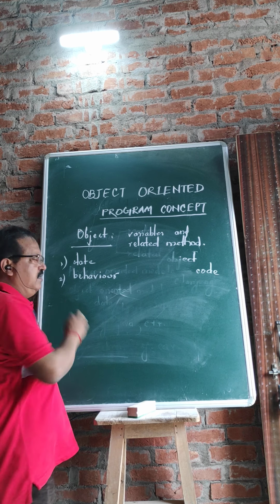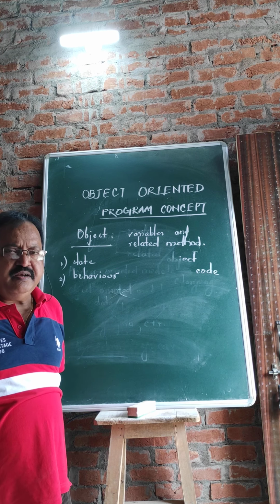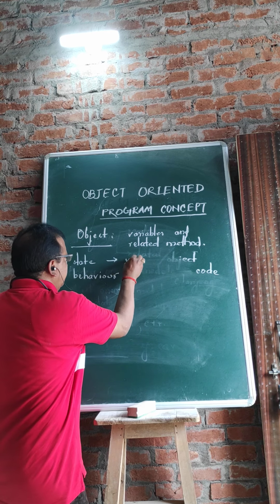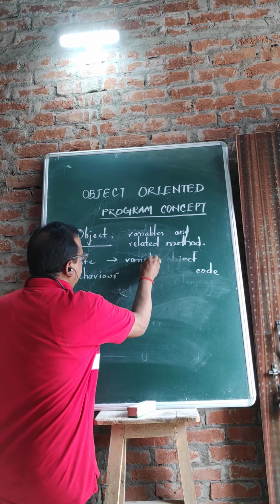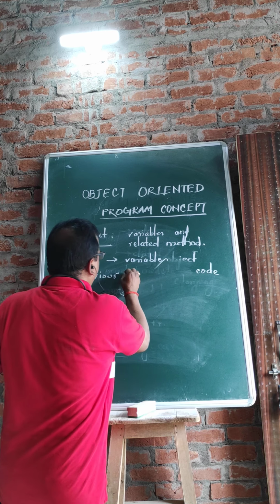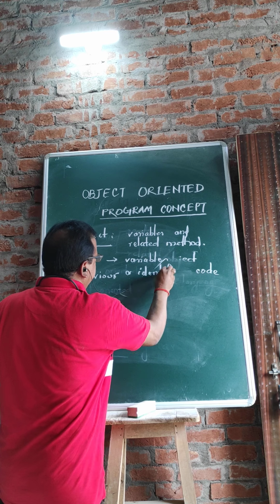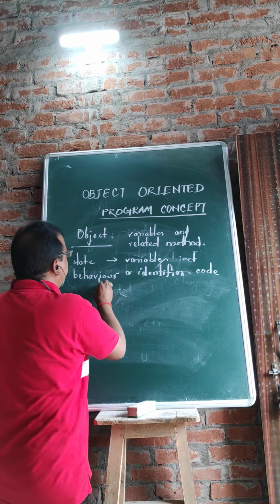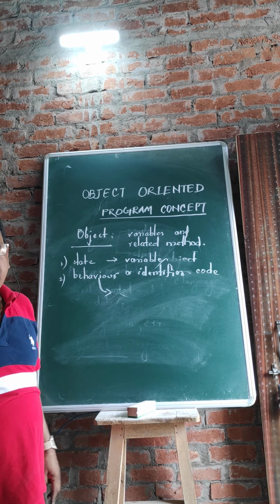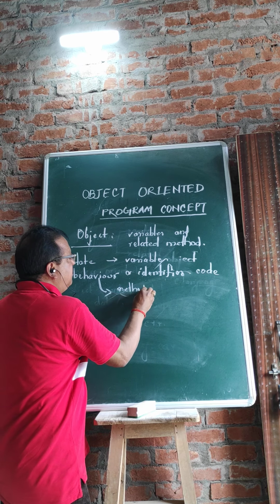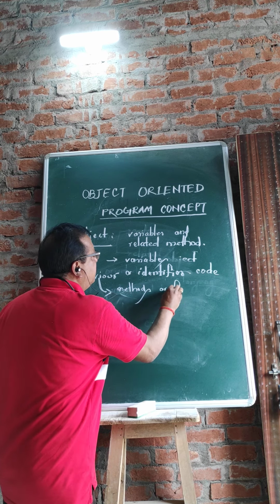Now students, the state of an object is explained through variables or identifiers, and behavior is implemented through methods or functions.